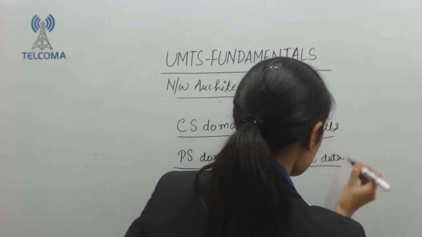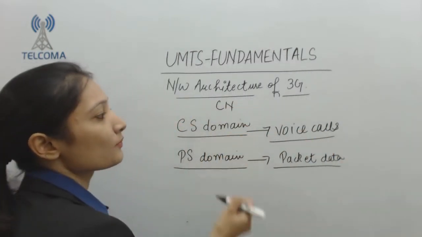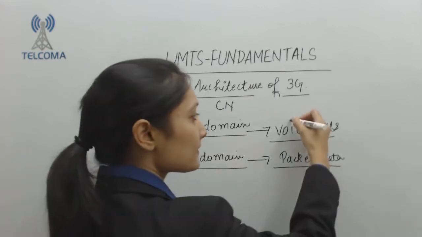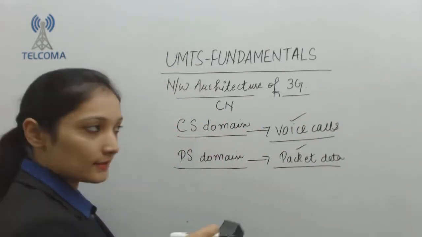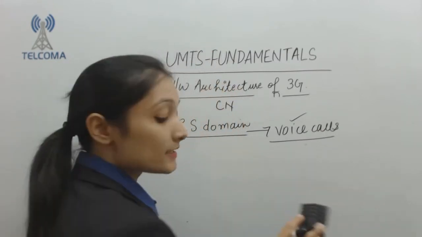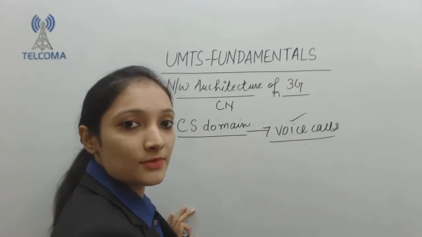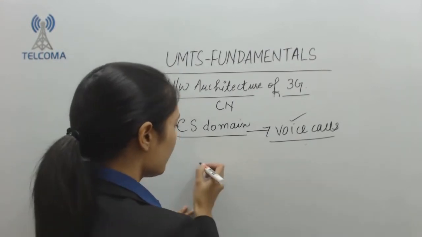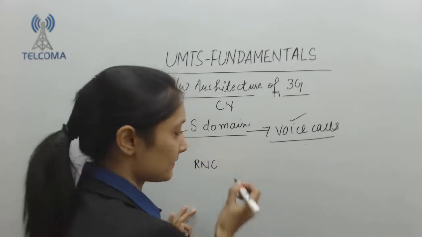So there are different entities which are used in these two domains so that they can help us to access these services. First of all, let's have a look at the entities in our circuit switched domain. In the circuit switched domain, we have the same entities as we had in our GSM systems. Like we have this RNC from our radio access network.